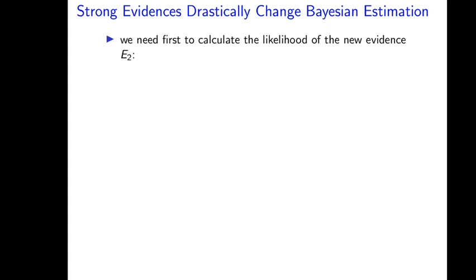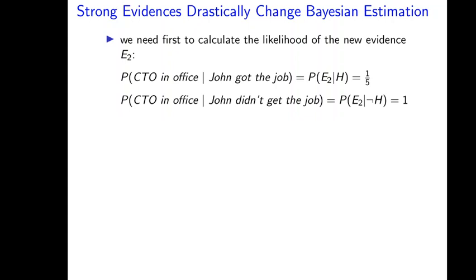In order to calculate the new posterior according to the new evidence, we need firstly to calculate the likelihood of the new evidence E2. So we write it like that. We say that the probability that the CTO is in office, which is the new evidence, given that John got the job, equals 1/5, because John is able to be in office only 1 day per week.